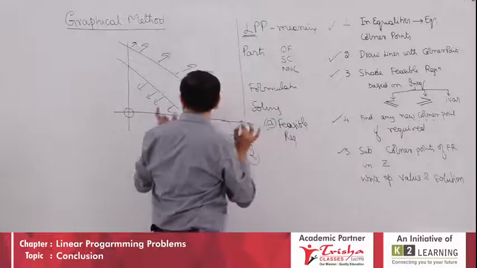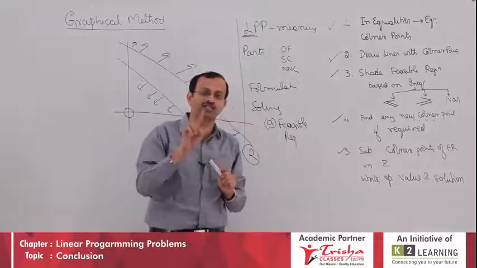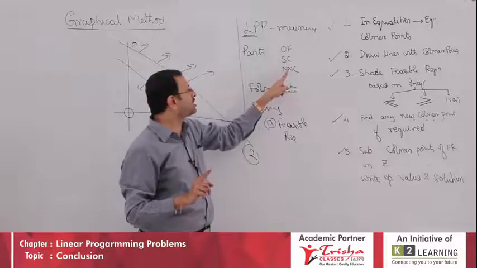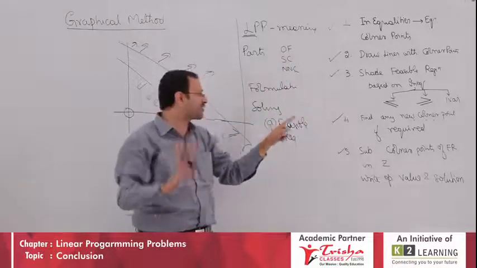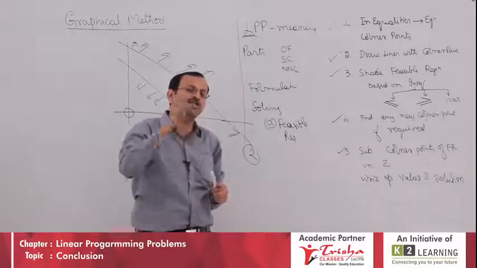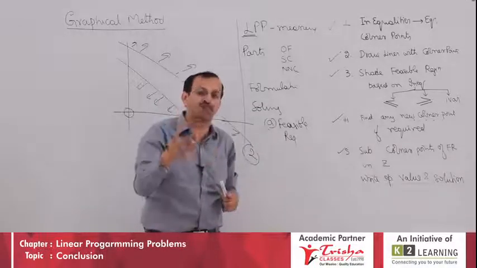Region in the graph which satisfies all the constraints, satisfies structural constraints, non-negativity, which area it satisfies, that is called feasible region, or the solution points involved in that we call feasible solution.